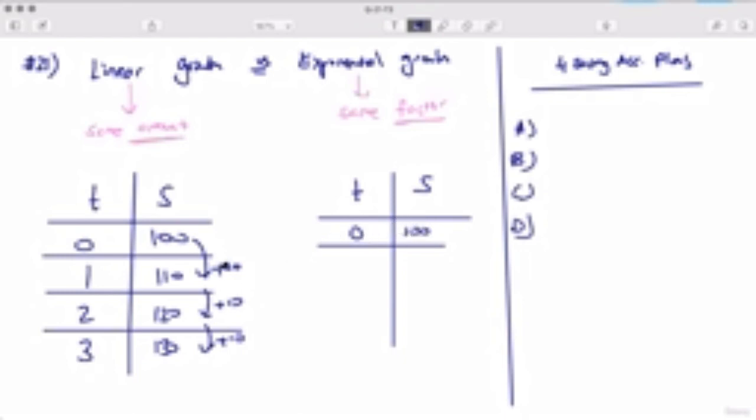But now, instead of adding $10 to the account, the account adds 10% of what's available in the account. So 100 times 10%, well, that's going to be 1.1 times, where 1 is what I have in the account, and 0.1 times 100 is the interest. 100 times 1.1, we get 110.